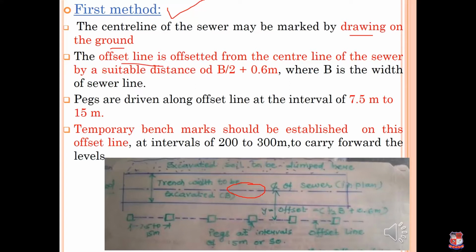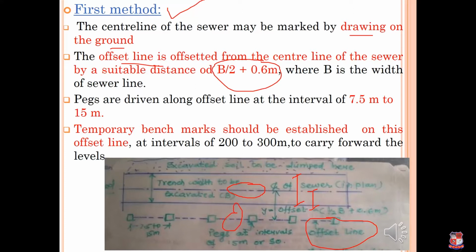This offset line is generally marked at a distance of, suppose B is the width of sewer, B by 2 plus 0.6 meter, that much you have to add, and you have to mark another line that is called the offset line.